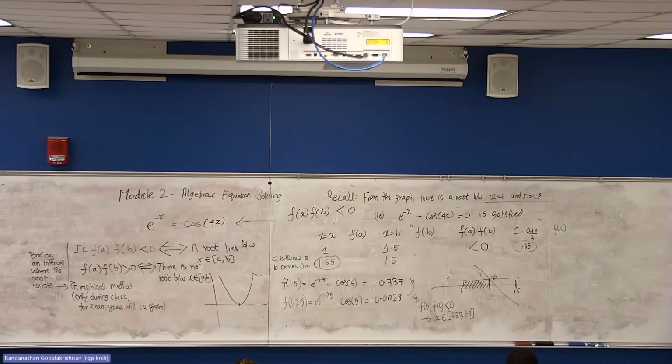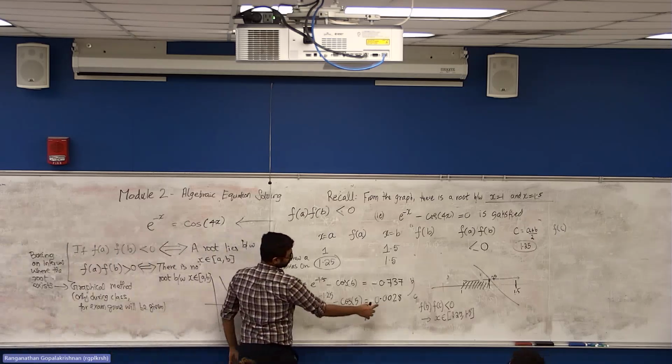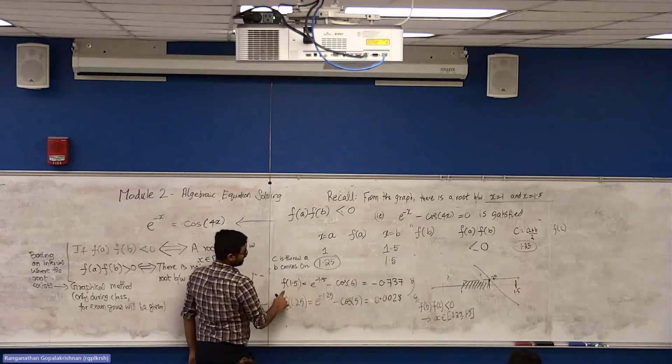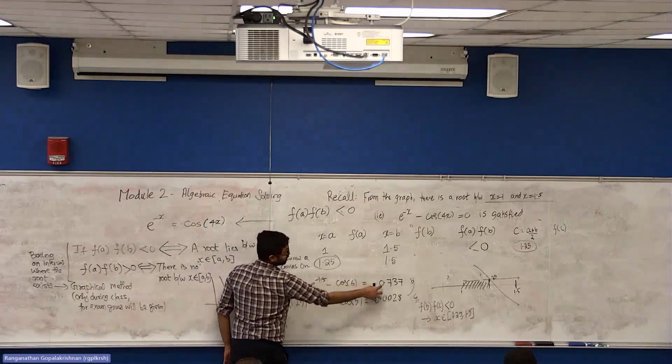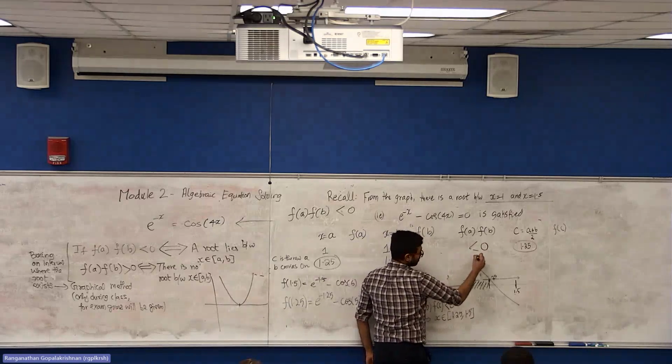The reason I write these textual statements is that when you go home and look at this, it may not make sense, so hopefully these annotations will help you. So what is f of A? This is 0.0028. F of B is minus 0.737, which makes f of A times f of B again negative.